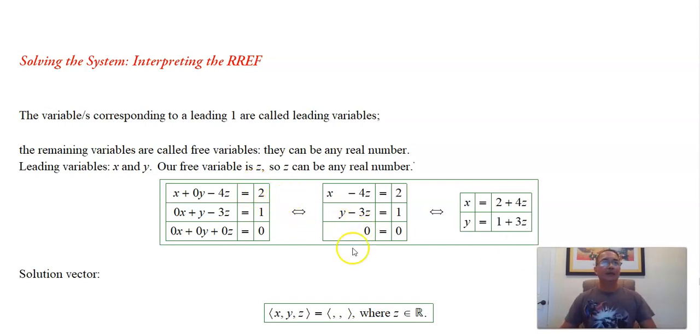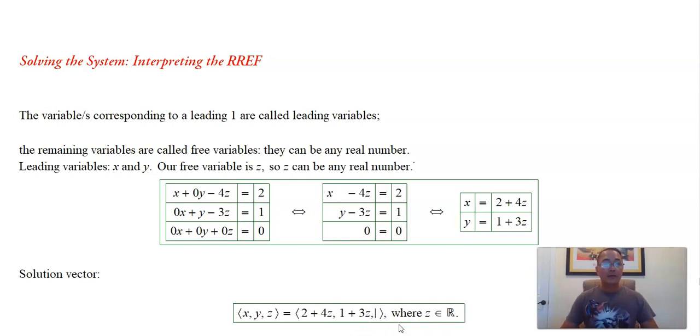Okay, and we can summarize our solution by creating what's called a solution vector. So we will put the values for x, y, and z in a vector form. Our x is 2 plus 4z. Our y is 1 plus 3z. And our z is just z.